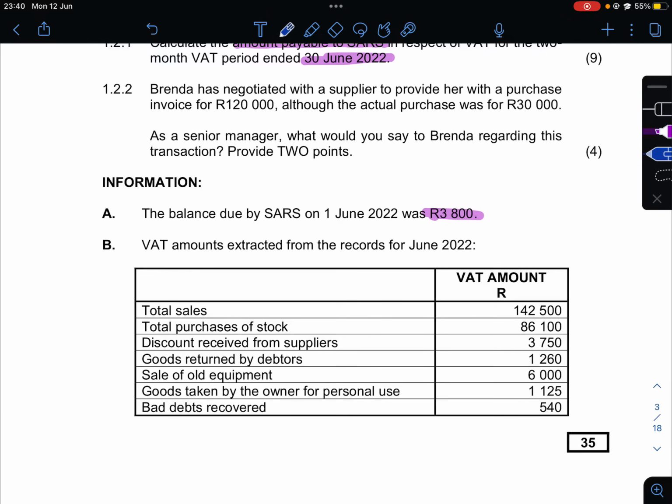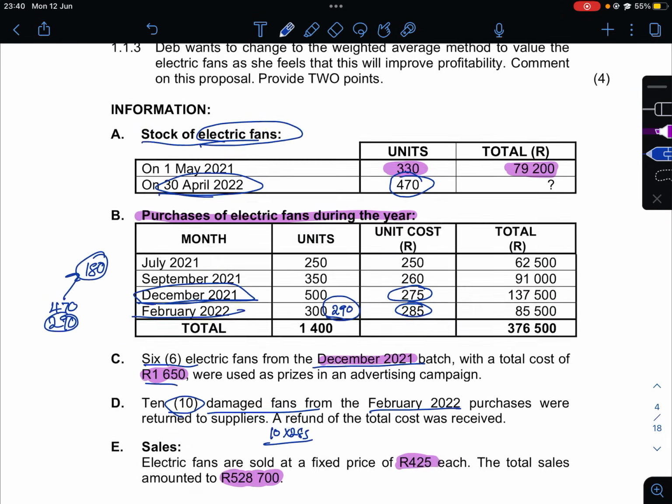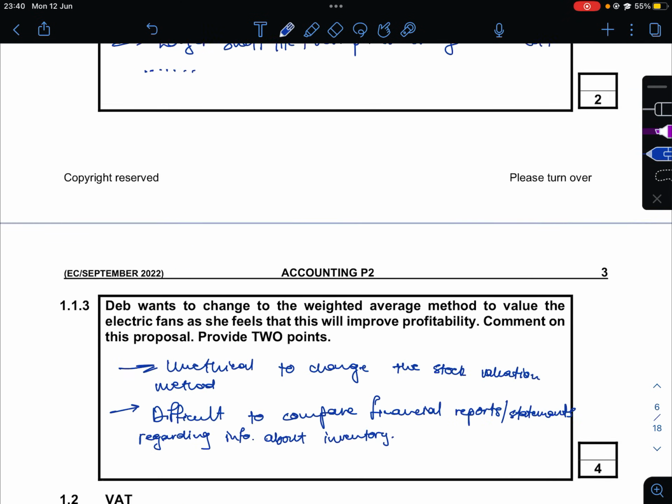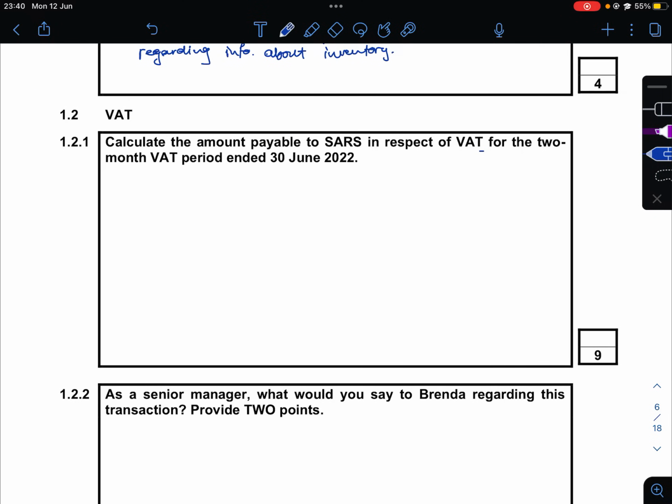The balance due by SARS is 3,800. So the best way to calculate your VAT due to or by SARS is doing a T-account. I don't know if it's gonna work for you, but this is what I recommend.